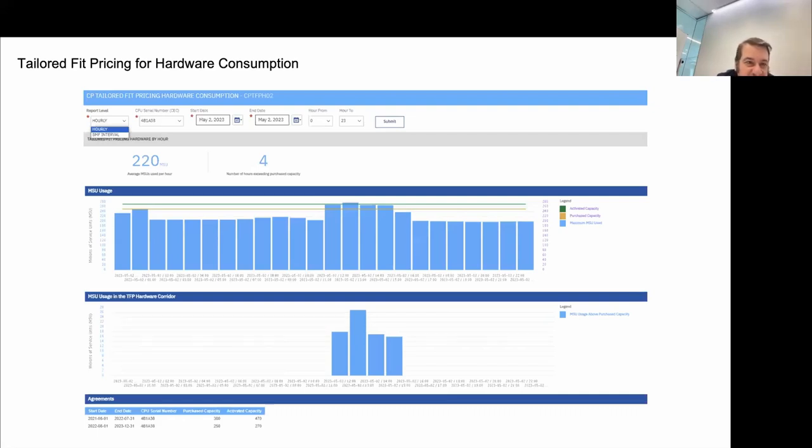Similarly, we have support for the TFP for hardware view as well. This is an optional extra for TFP customers who want to purchase an additional reserved area of hardware capacity that your workloads can spike into without having to get permission, like on a capacity on demand model.